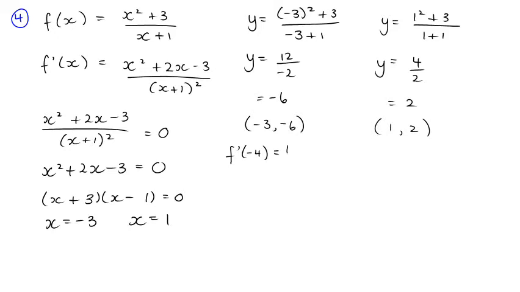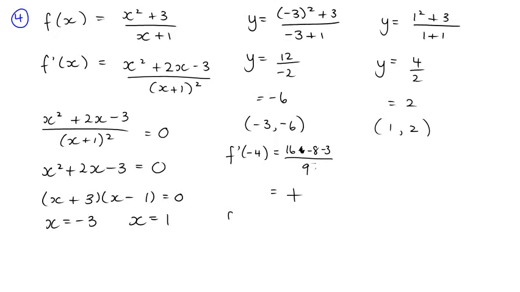We get 16 minus 8 minus 3 over, negative 4 plus 1 is negative 3, squared is 9. 16 minus 8 minus 3, we get 5 on 9. So it's a plus. Remember, we don't actually need to know the value of it. We just need to know whether it's a positive or a negative. So it's a positive.